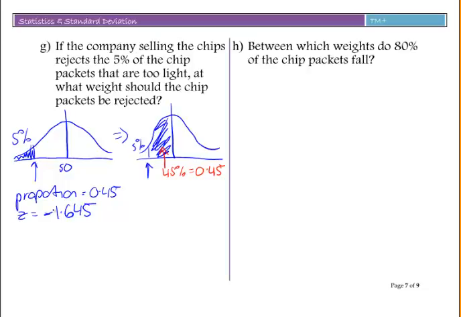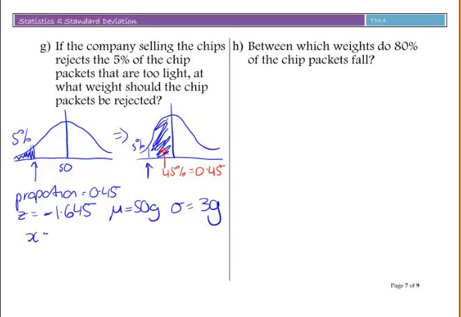Now it wants to know the actual value, so my mean is 50 grams, my standard deviation is 3 grams. Or you can use your population. Probably go populations. We're looking at all the chips here, so it doesn't really matter. You won't get marked down.